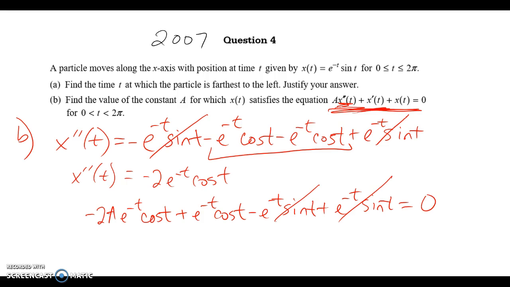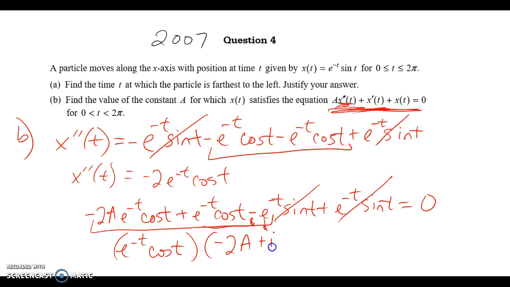They make 0. And these two like terms, right here, I can factor out e to the negative t cosine t. And then I'm left with negative 2a plus 1. Remember, when we're trying to find a, the value of a would be whatever makes this equal to 0, which would be a equals 1/2.